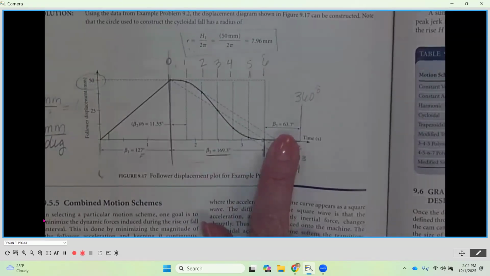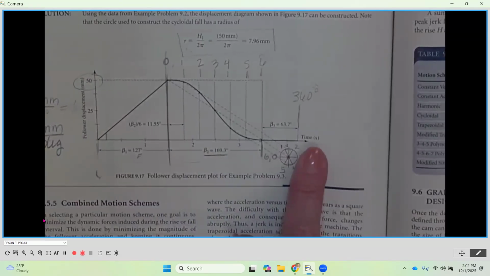And notice that each one of those are labeled here, okay? And then along this axis, this is just considered time, okay? And then make sure that you have beta 1 is equal to however many degrees it is. Beta 2 is equal to however many degrees and such. Don't mark it off in millimeters along here. This is in degrees of revolution or degrees, around that circle, okay?